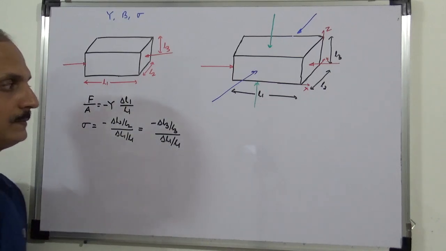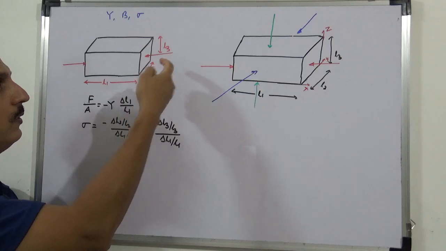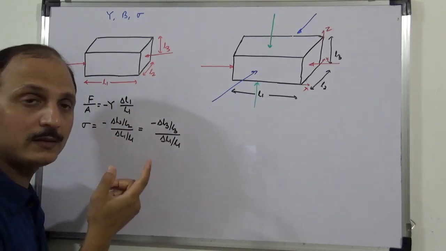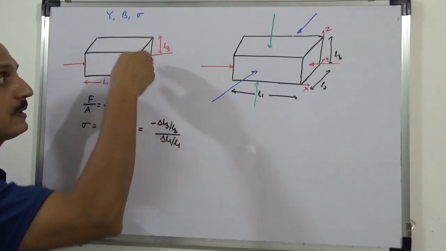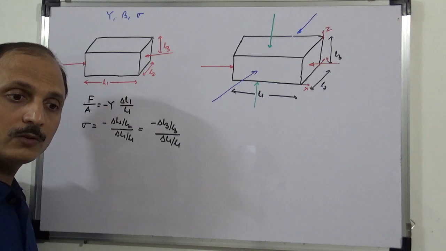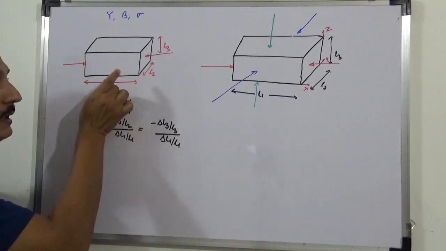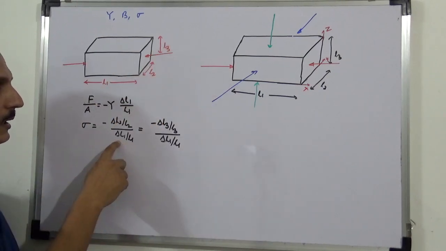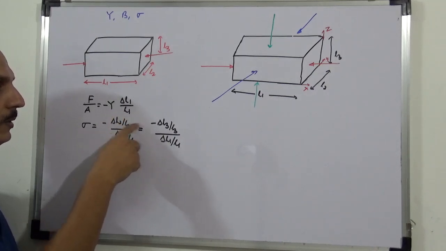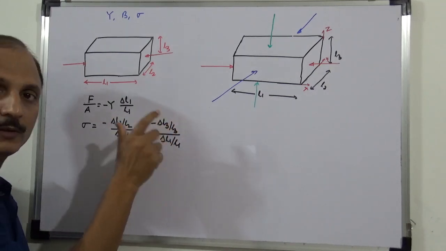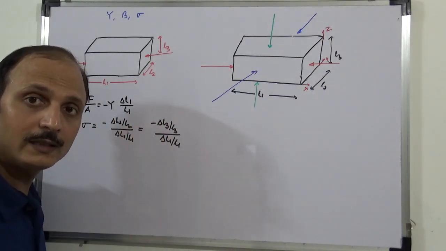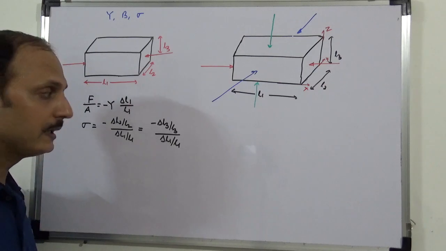Just see. Because of the force along the x-axis, L1 is going to decrease, and because of Poisson's ratio, the lateral dimension is also going to change. Since delta L1 by L1 is negative, delta L2 by L2 will be positive and delta L3 by L3 will be positive. So the lateral lengths will increase.